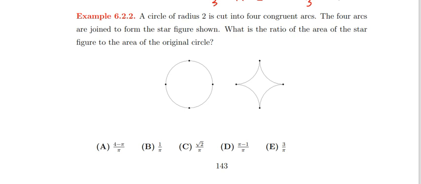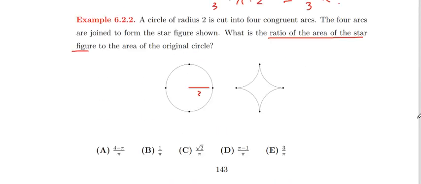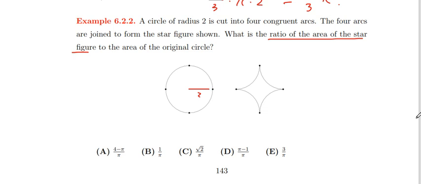So the question is, what is the ratio of the area of the shell to the area of the ordinary circle? The ordinary circle we already know, this is 2, so this is easy, just pi r square, which is 4 pi.